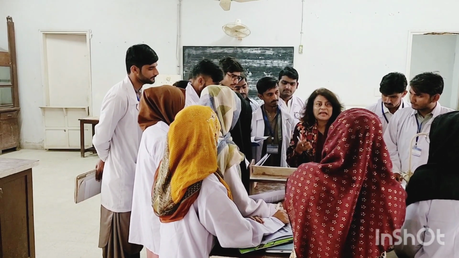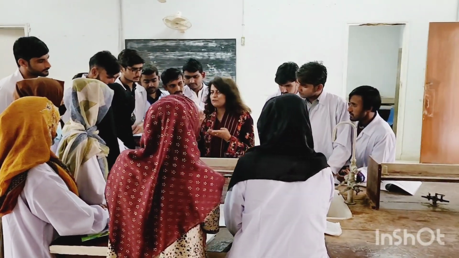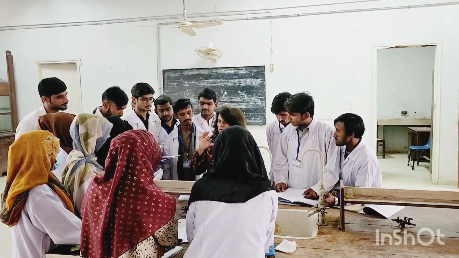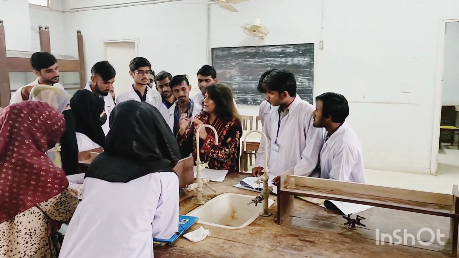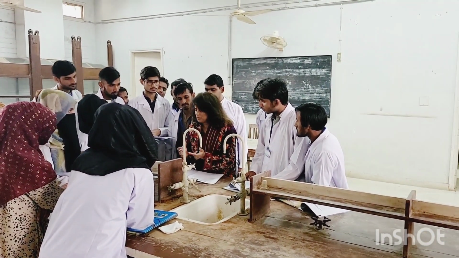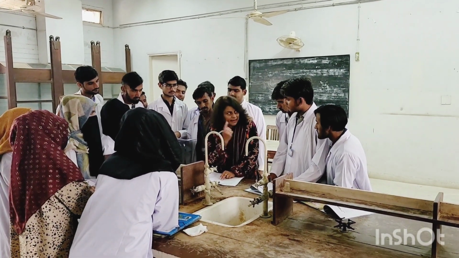We have to prepare an extract that is called a sodium extract, Lassaigne's filtrate. Lassaigne was the name of the scientist who invented this particular procedure for us to find out different elements present in your organic compound. So that we will discuss when we start our second step.